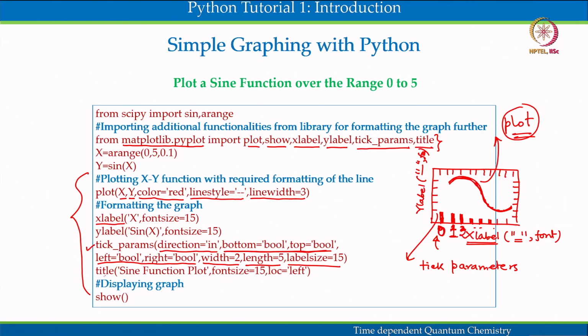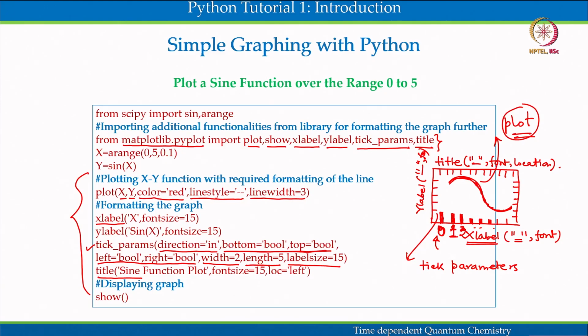Then title comes here, and within title again I have quoted string which will be written, and font size and location, where it is. So these are the formats we are going to use.